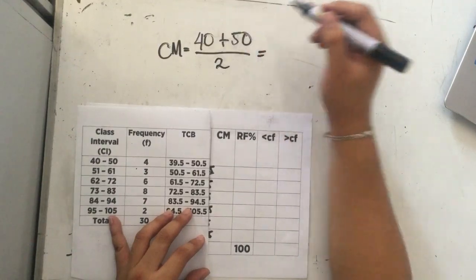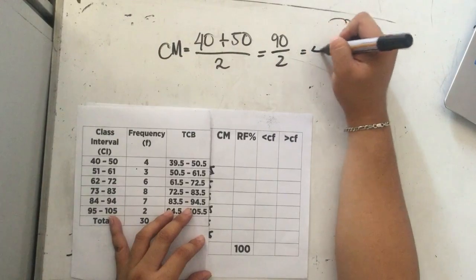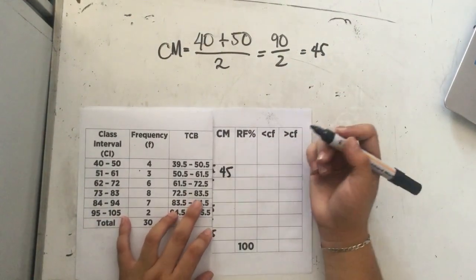So 40 plus 50 is 90 divided by 2 is equal to 45. So the class mark is 45.